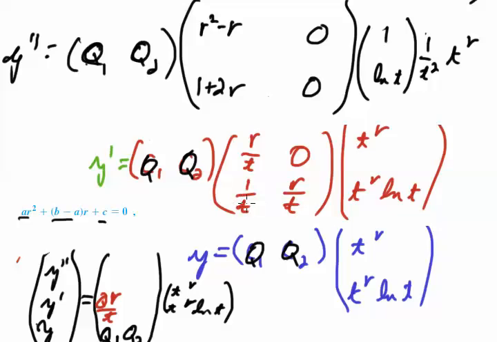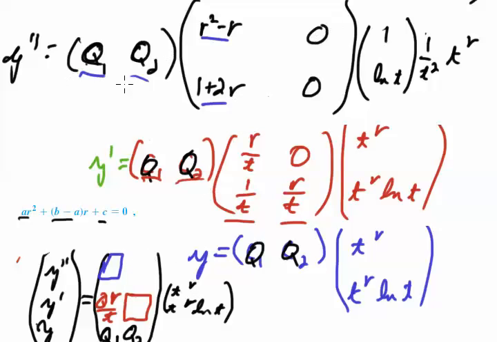It won't fit here, but it'll be q1 over t plus q2 times r over t. And then in the final place, we would put q1 times r squared minus r plus q2 times 1 plus 2r, and this would be 0, and then this part would be q1 times 0 plus q2 times 0, which is 0.